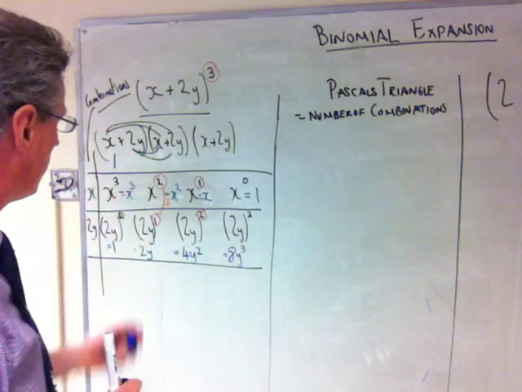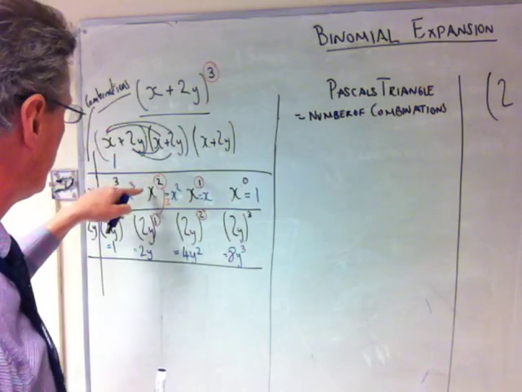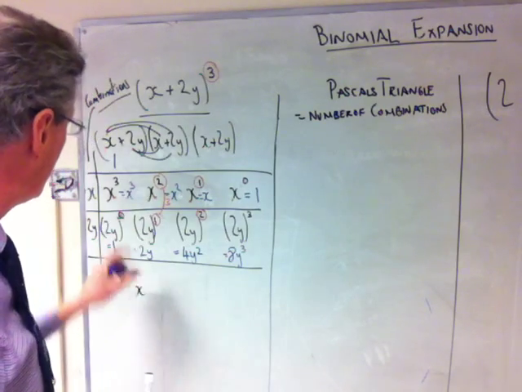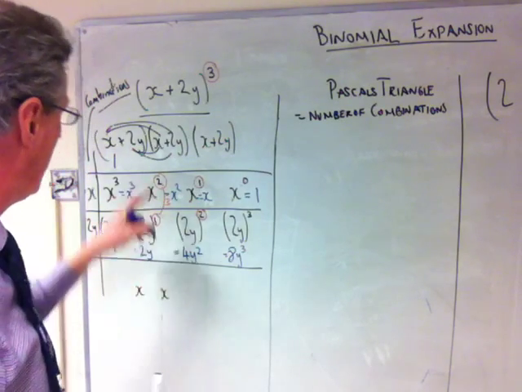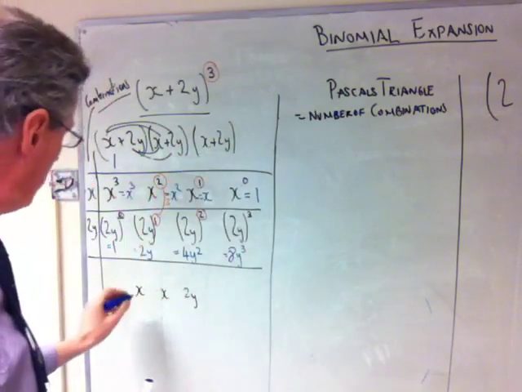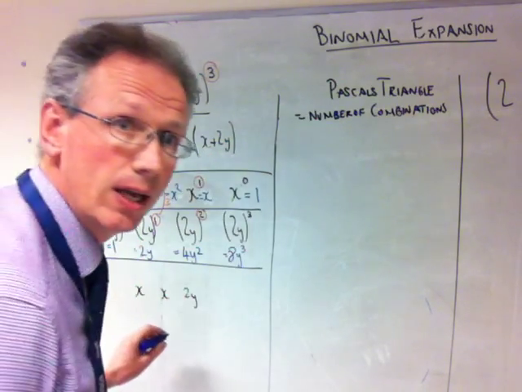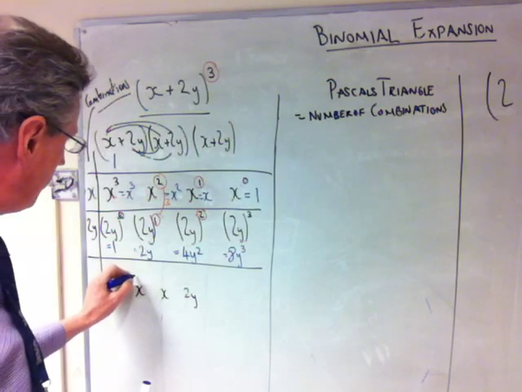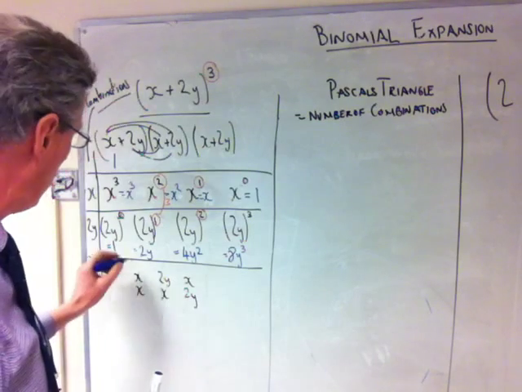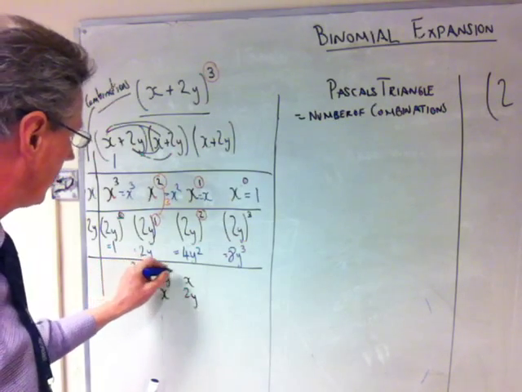Now, if we look at this one, how many different ways could we get x squared and 2y to the power 1? Well, that would be x in the first bracket, x in the second bracket, 2y from the third. Alternatively, it would be x times 2y times x, or it could be 2y times x times x.